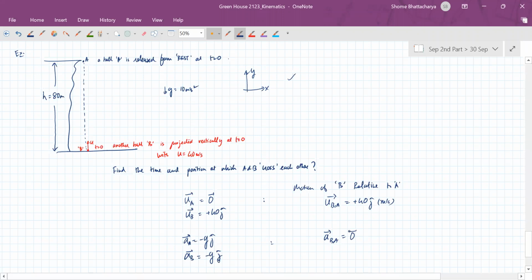So this becomes 0. Now this gives us a very interesting result that the motion of B relative to A is a uniform 1D motion.